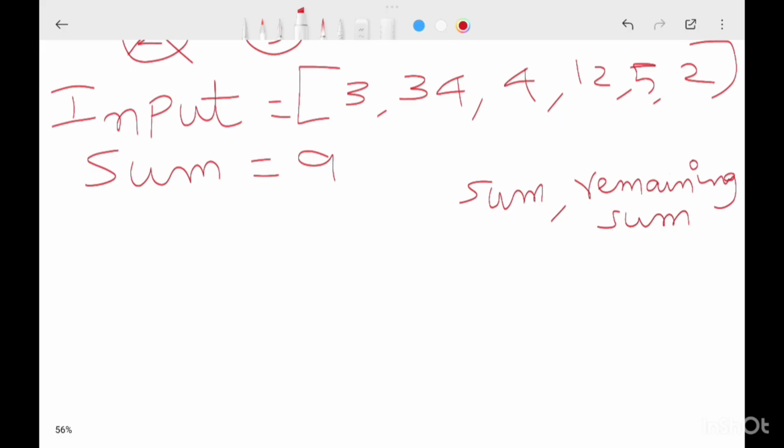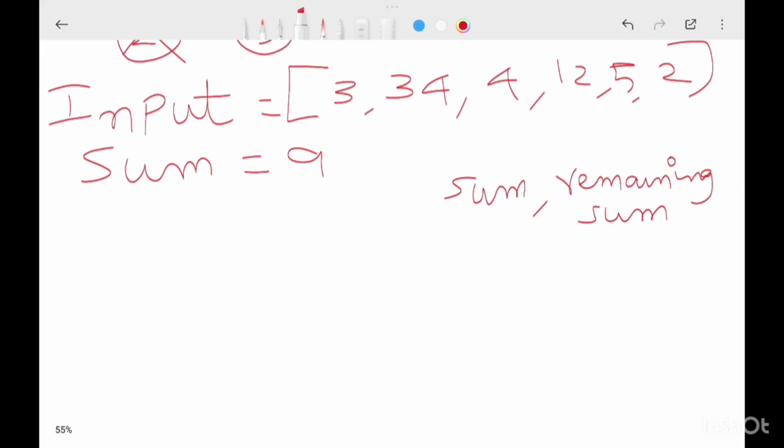And remaining sum is the remaining sum that can still be included into this subset. So these are the two values that are used as constraints for our solution.